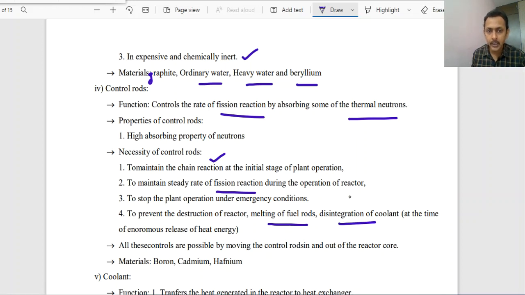So the functionality is to control and maintain the chain reaction, to maintain the steady rate of fission reaction, and also to prevent the destruction of the reactor. For all those things, these control rods are required.